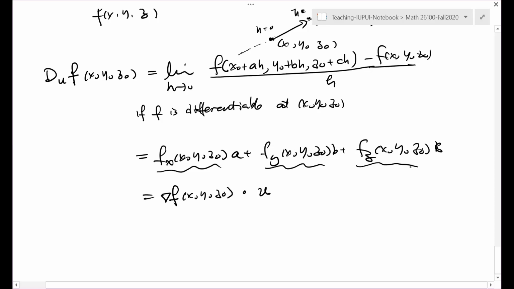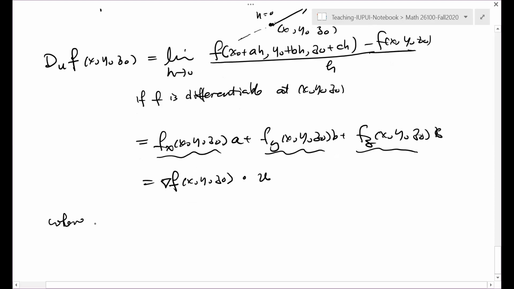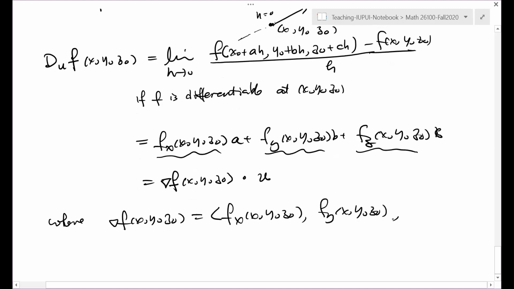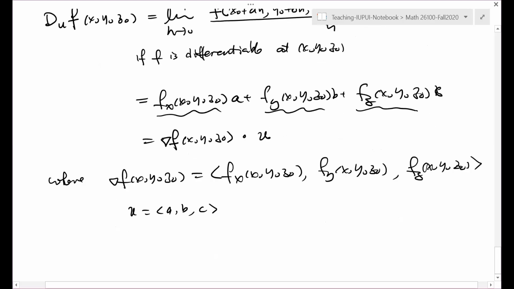Those three components put together give you the so-called gradient of the function. So you end up with a very similar formula: if the function is differentiable, then you can use that to compute a directional derivative.